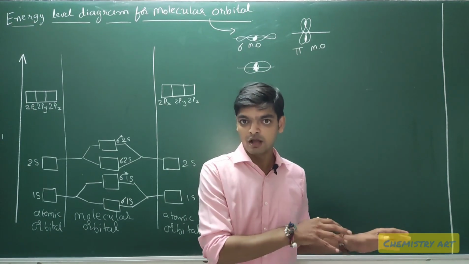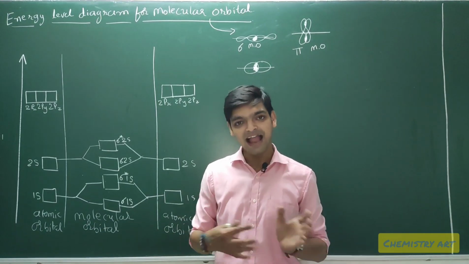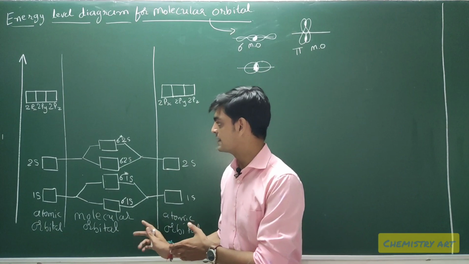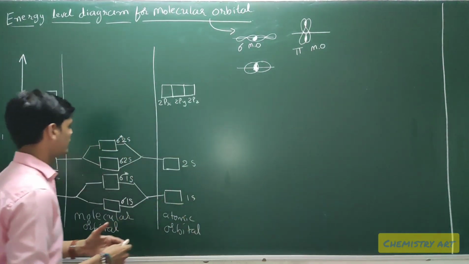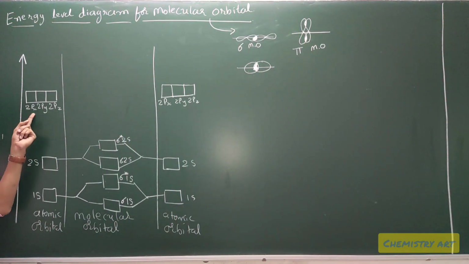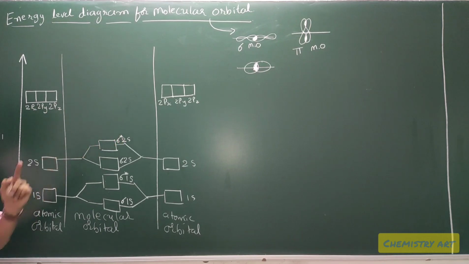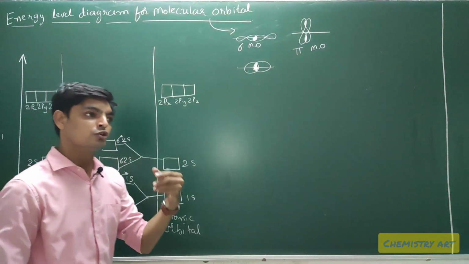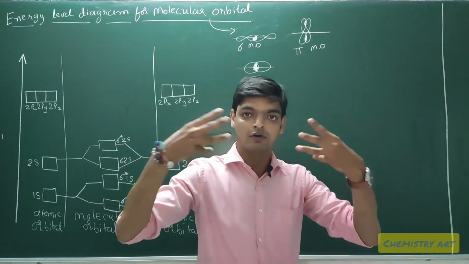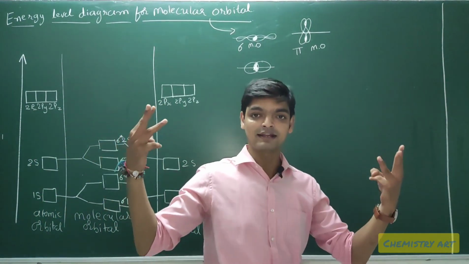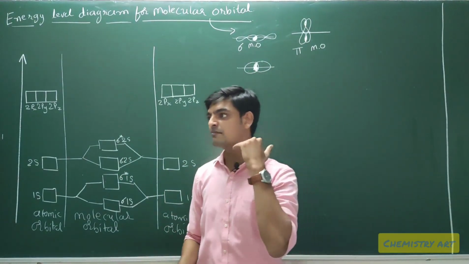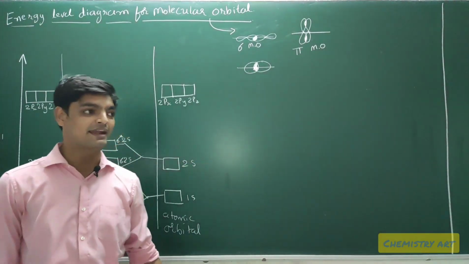For the other diatomic molecules, the order will be in this way. First of all, 2px, 2py, 2pz from each atom combine and form a total of 6 orbitals, out of which 3 will be bonding and another 3 will be anti-bonding.